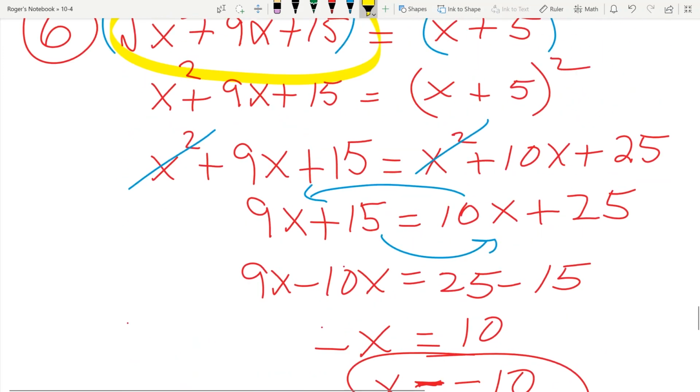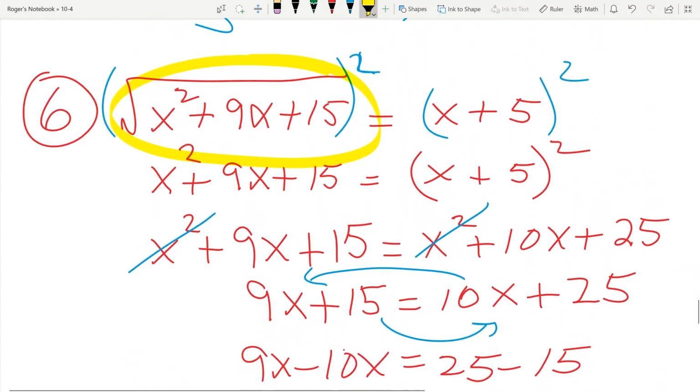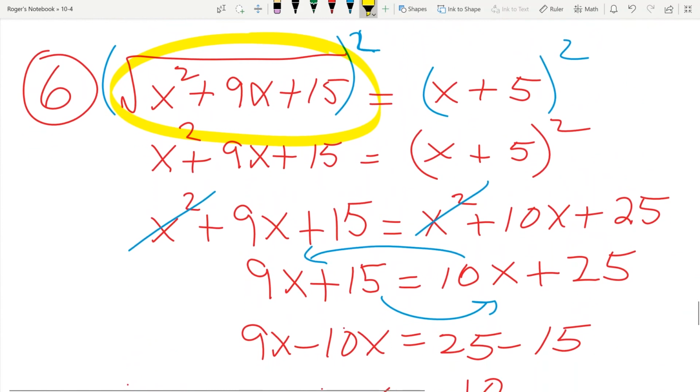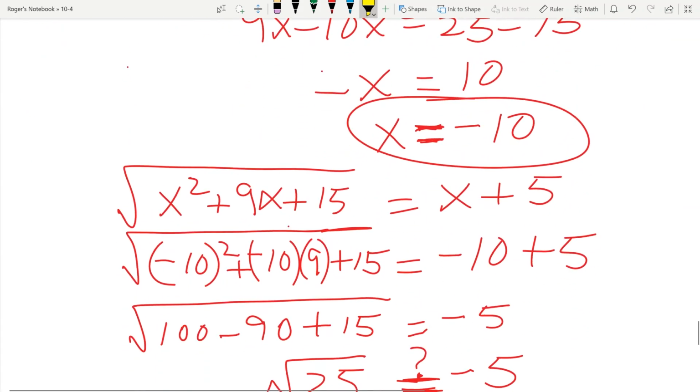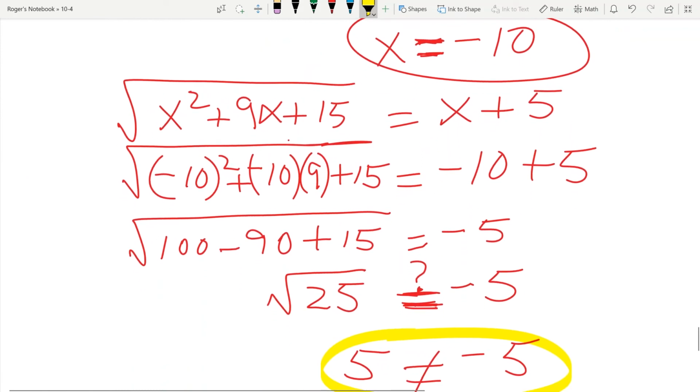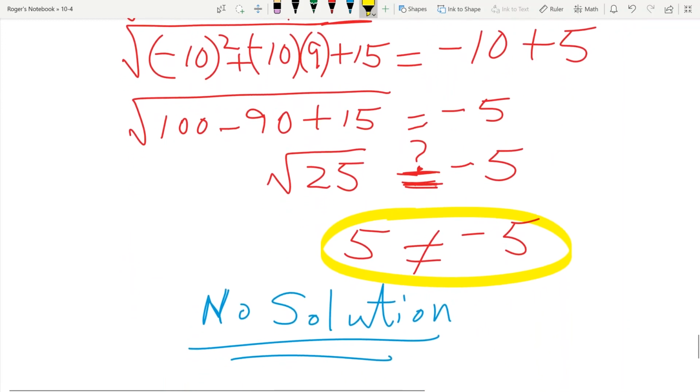You would know it because you recognize that right up here at the top, what's on the left is the principal square root of x squared plus 9x plus 15. And you work that down here, and you get the principal square root of 25 is 5, not negative 5. So I hope that clears things up a little bit. So that is example number 6.